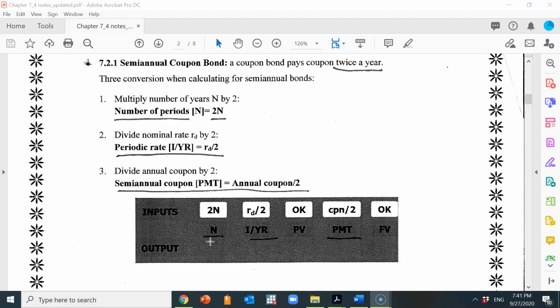For I, instead of inputting the nominal annual rate, we divide it by 2, so we have the semi-annual rate input as I. For payments, instead of inputting the annual payment, we divide that by 2 and input the semi-annual payment. And for PV, it is still the bond price. For future value, it is still the call price or the par value.